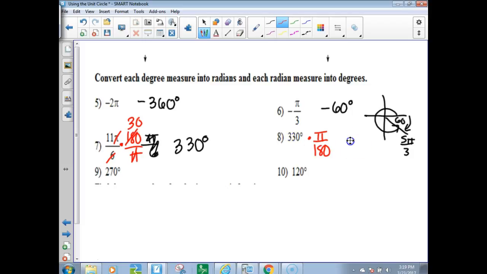You can go on your unit circle and look. Isn't that 11 pi over 6? And 270, you should know, is 1 pi over 2, 2 pi over 2, 3 pi over 2. And 120, if you can't remember, it's 2 pi over 3.